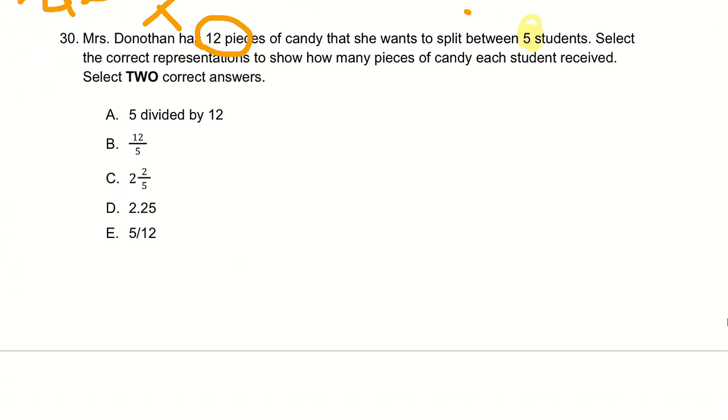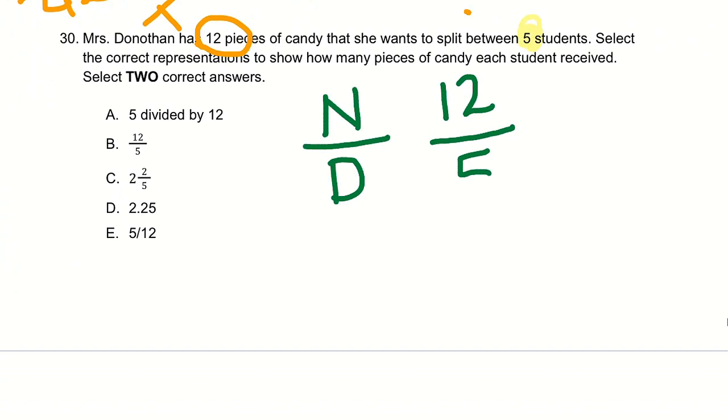Select the correct representations to show how many pieces of candy each student received. Select 2 answers. Well, I know that when we're dividing, we can write that as a fraction with the numerator and the denominator. So we're taking our 12 pieces of candy, dividing by 5.